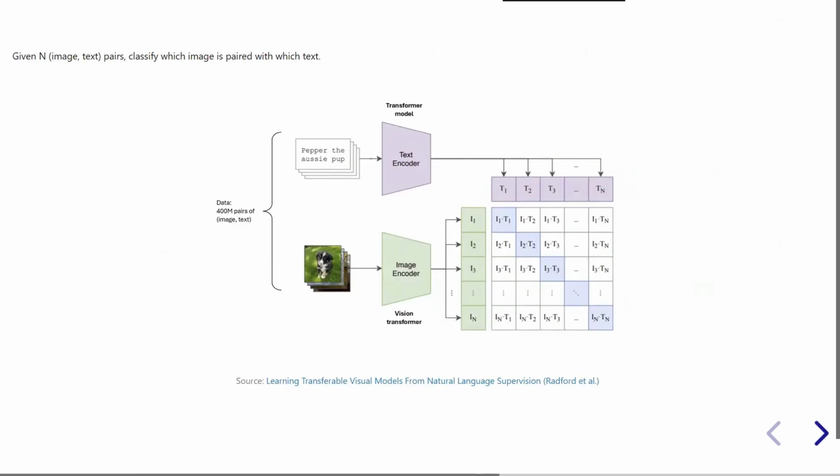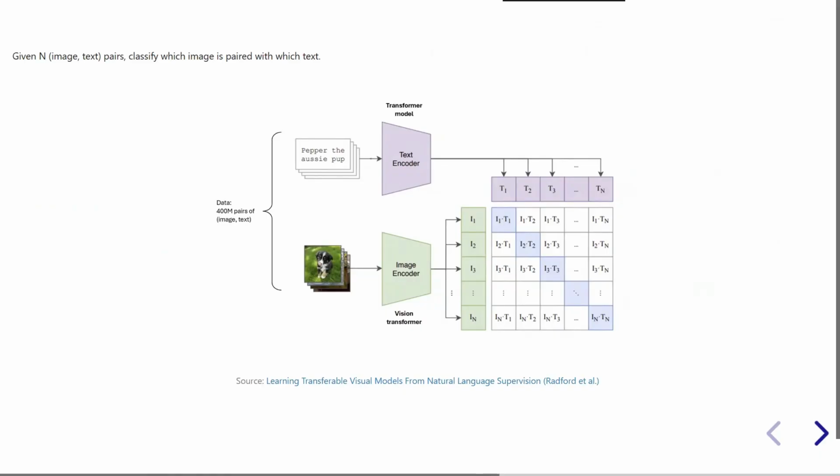But let's look at an image of how this can happen. First of all, I want to say that this model was trained on a huge amount of data that consisted of around 400 million pairs of image and text collected from the web, and it was never released.